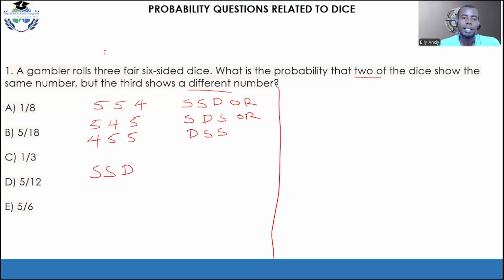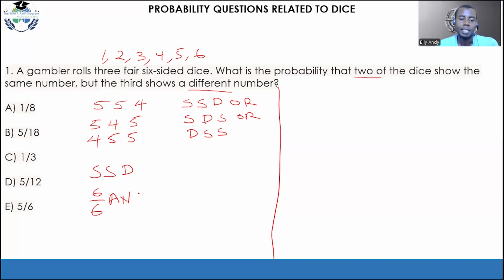And because a die has 6 numbers, the probability of getting any number for the first die will be 6 out of 6.